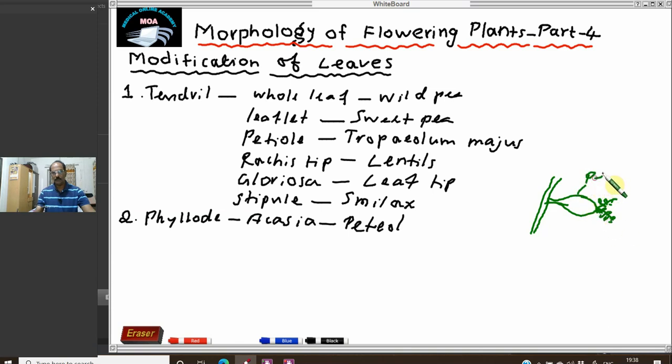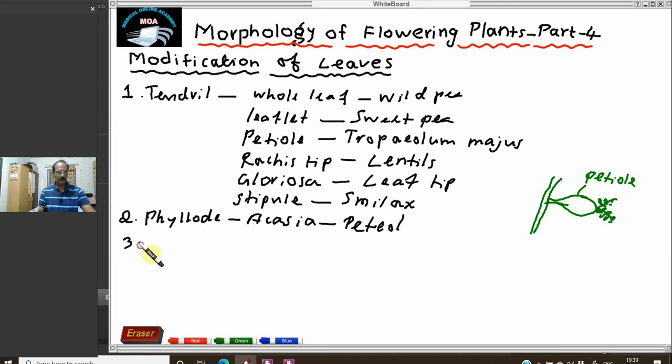So the petiole is modified into a leaf-like structure in the acacia. This type of modification is known as phyllodes. Very important point for the NEET examination. What are phyllodes? The petiole modified into a leaf-like structure.